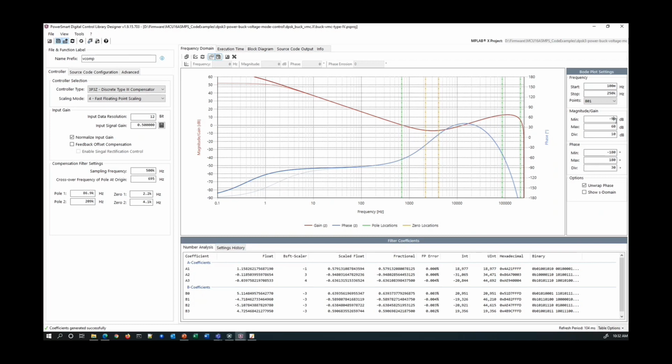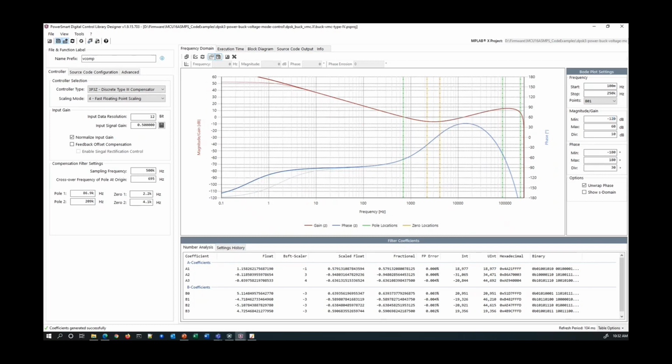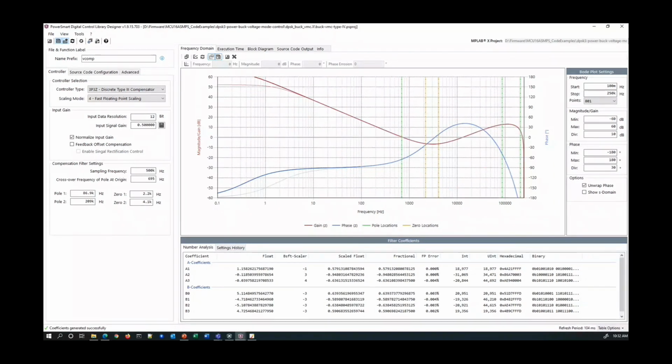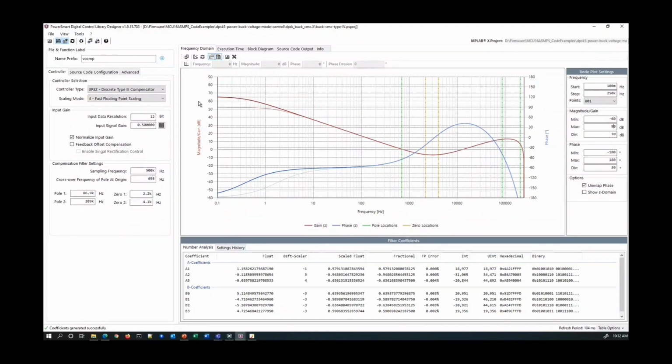Oops, wrong end. So the roll-off now starts at roughly 1/10 of a hertz instead of 1 hertz. So it's a 10-fold improvement.